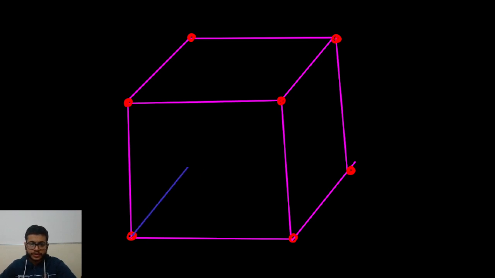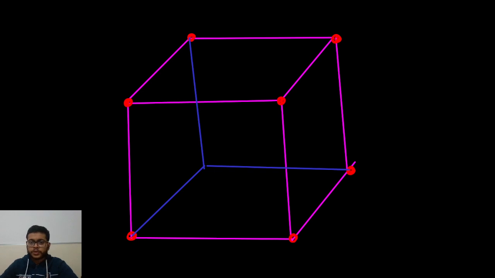So let us denote the backside also. Yeah, so there are lattice points everywhere. This big lattice point we can't see from the front. And there are other lattice points in the face centers, which are given as crosses.